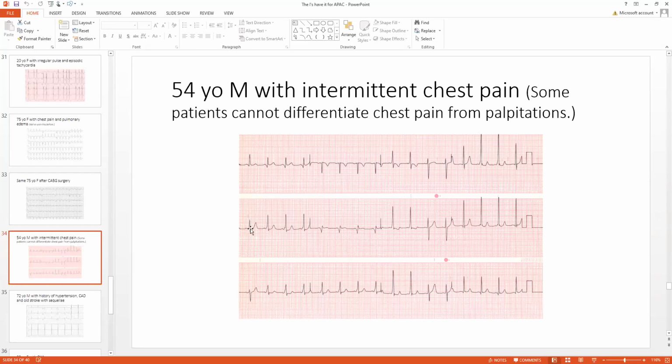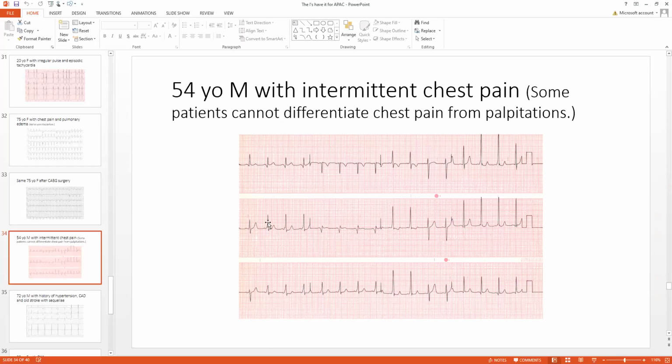Then, without changing the rhythm, sinus throughout, no change in rate, we've got a delta wave and repolarization changes for 1, 2, 3, 4, 5, 6, 7, 8, 9 beats. Then it goes back to normal conduction for a few beats, 2 beats, 3 beats, and then back to the pre-excited for 3 more.